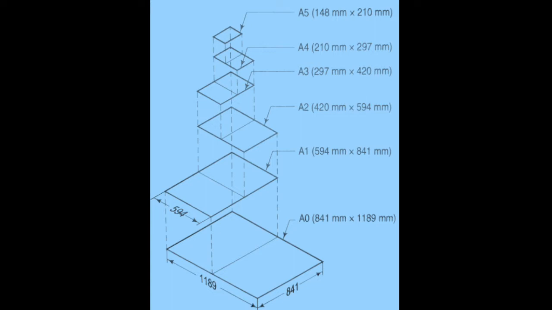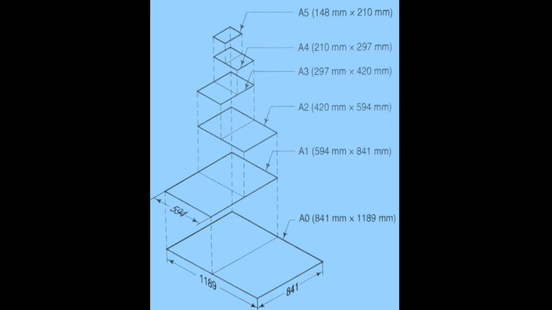Coming to A1, you have clearly observed that half of A0 is called A1. A0 is 841 by 1189, A1 is 594 by 841. So 841 is the common dimension for A0 and A1. The other dimension varies from 1189 to 594 mm.